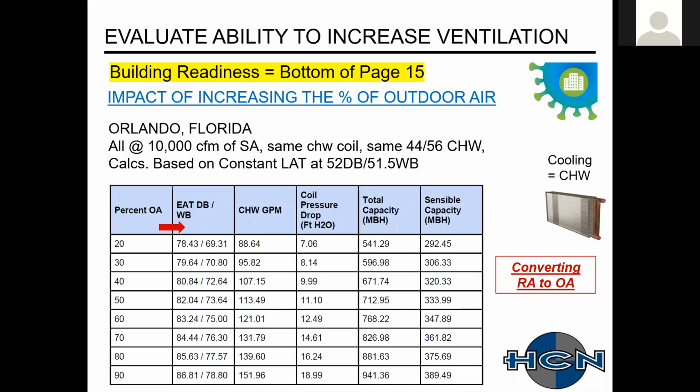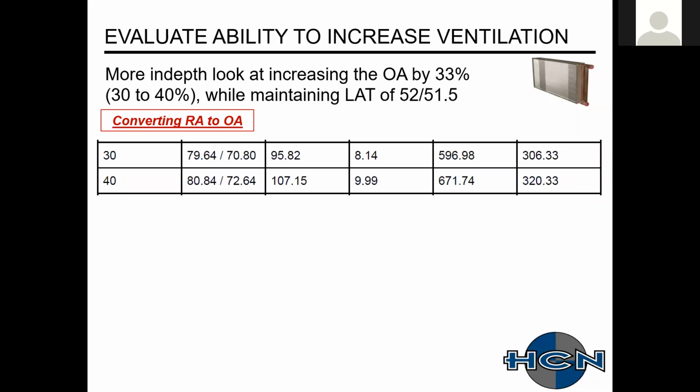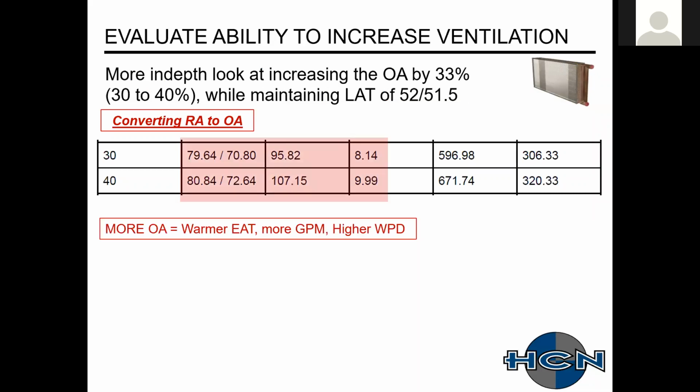And then once again, just emphasizing what they've done: they've kept the 10,000 CFM the same and they've converted return air to outside air. So delving further into the two lines where it's 30% to 40%, they've ended up increasing the outside air by 33% while maintaining the leaving air temperature. This is just a blow up of it. I want to show that as expected, as you add more outside air to your system, you have a warmer entering air temperature.